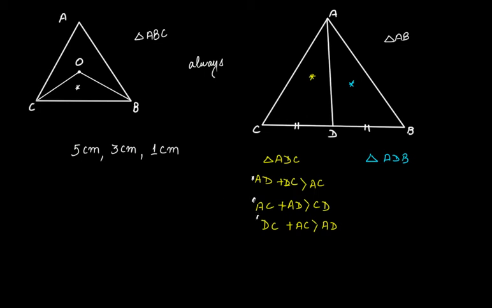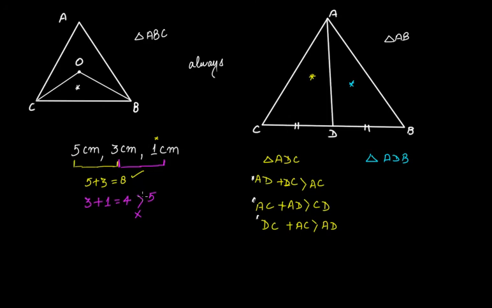So first add these two. 5 plus 3 is 8. Of course, it is greater than 1. So it's correct. Add these two, that is 3 and 1. So 3 plus 1 is 4, and 4 is not greater than 5.